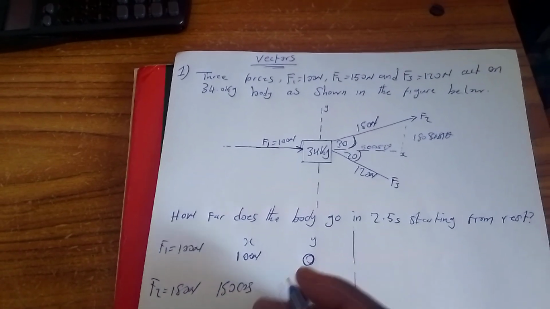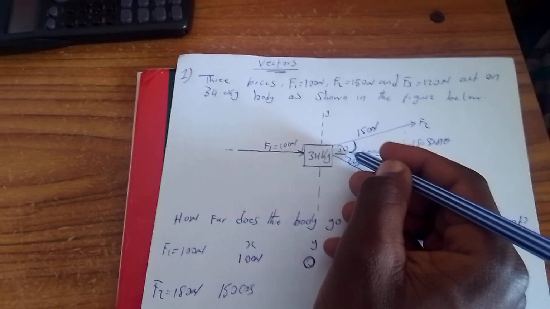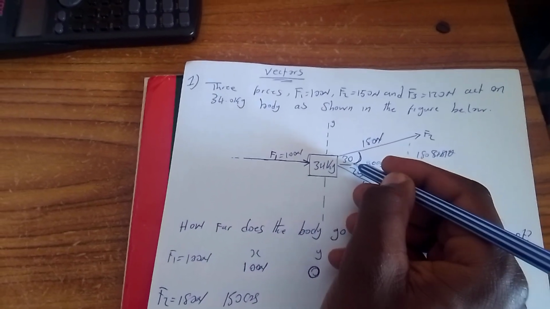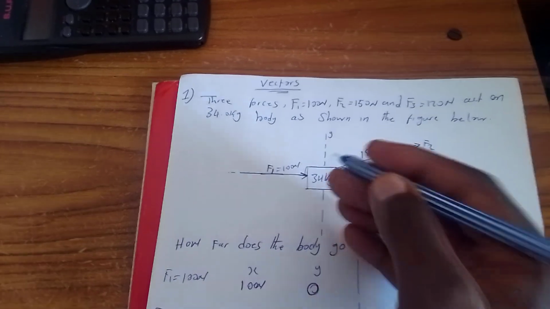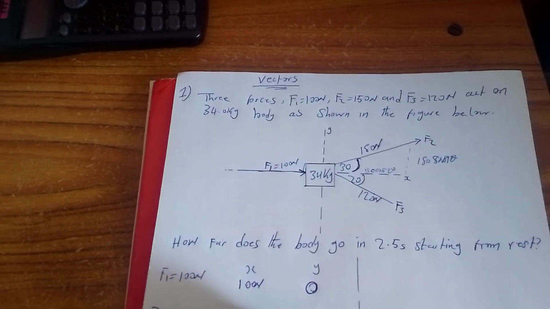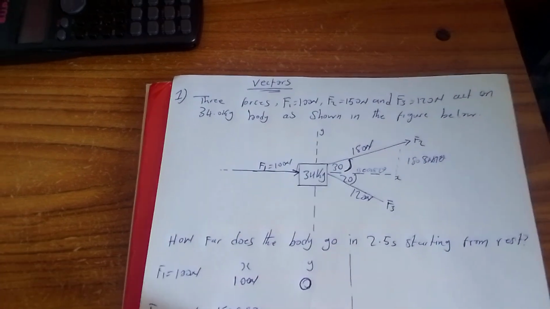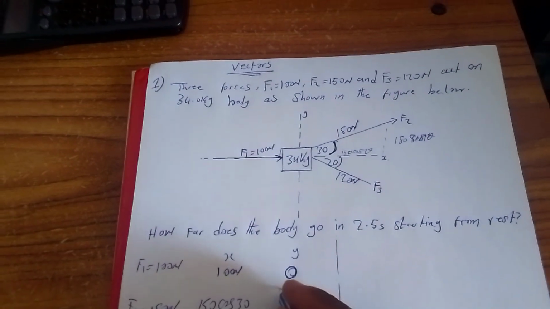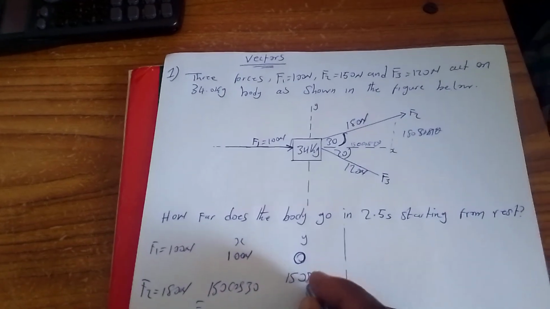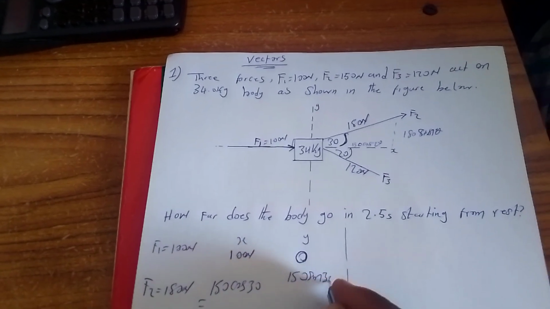Then we consider the angle counterclockwise, starting from this point, and we go like this. So here we have 30 degrees. For the y, it will be 150 sine 30.